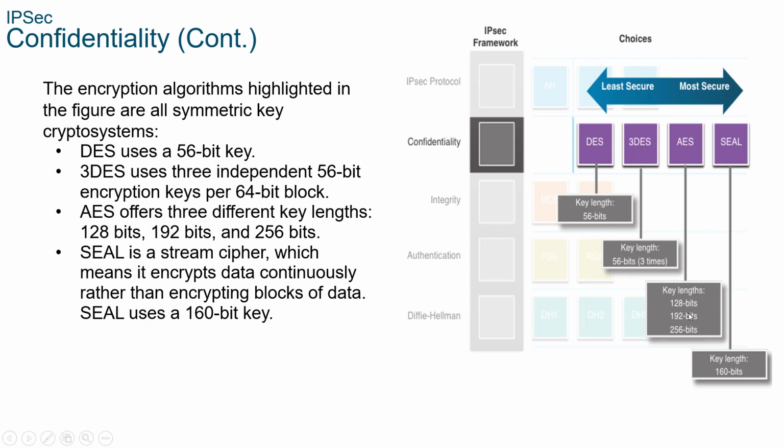And then SEAL does a couple of other things. It is a stream cipher, which means it encrypts data continuously rather than encrypting blocks of data, and SEAL uses a 160-bit key. This is the preferred method, however, it's very overhead intensive. So typically what we're going to be using is AES. And again, least secure to the most secure.